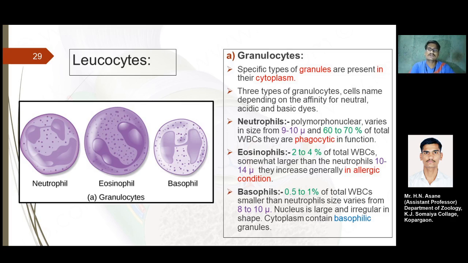These are 2 to 4% of total WBCs in the blood, in the fluid connective tissue, and somewhat larger than the neutrophils. Their size is 10 to 14 micron. They increase generally in an allergic condition.